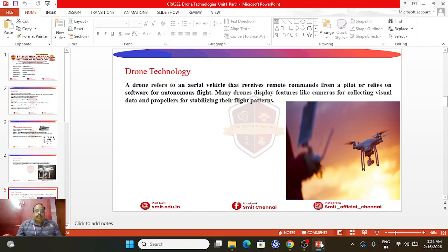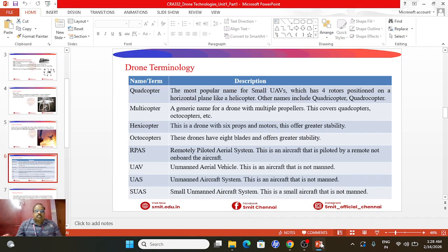Drone technology refers to an aerial vehicle that receives remote commands from a pilot or relies on software for autonomous flight. Many drones display features like a camera for capturing visual data and propellers for stabilizing their flight patterns.